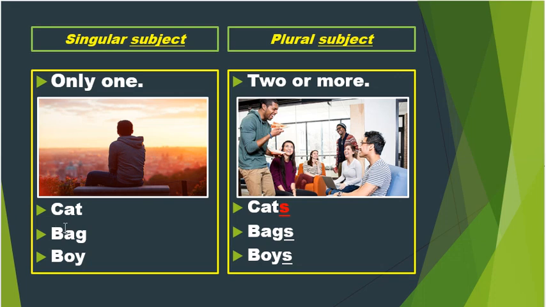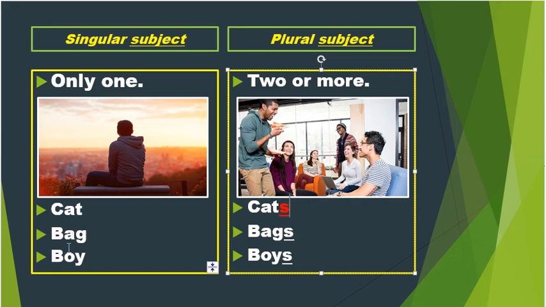Here we have cat for the singular, and for the plural we have cats, with s. You must put s to make it plural. Don't forget, when you want to make a singular noun plural, you must put s, if it is a regular noun. Next we have bag and bags.